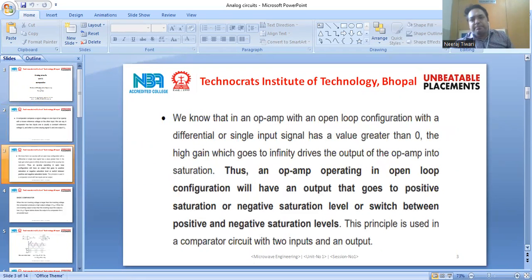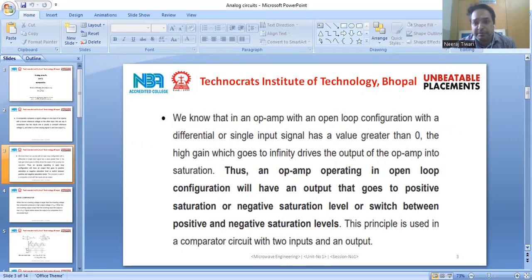So what is the concept behind comparator? I would say it's a principle. Basically, as we know, a comparator circuit looks like an open loop configuration. What is the advantage of open loop configuration? Open loop configuration has a high gain.